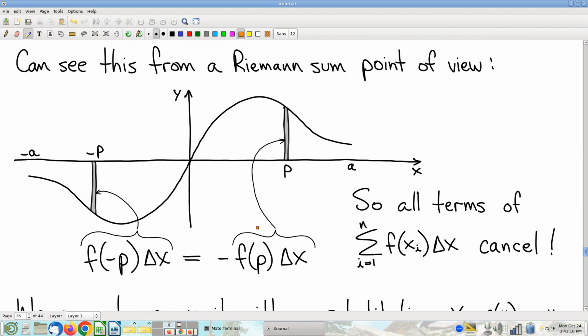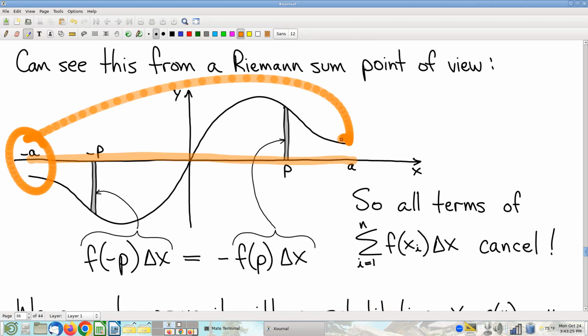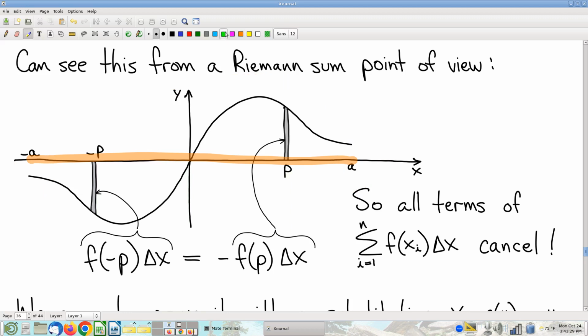Keep in mind an integral is a Riemann sum, and if you think about a Riemann sum added up over a symmetric interval, so from negative a to a, for example, any term in that Riemann sum, such as that term there, corresponds to another term at the reflected point. That would be this term over here. And they have the same delta x's, but they have exact negative values of the function because of the oddness.